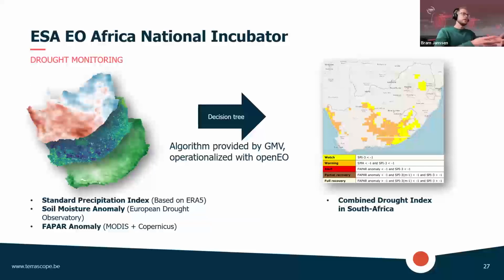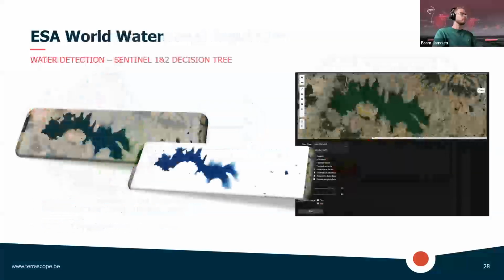In its simplified version, we took 3 different kinds of input data, combined them in a decision tree, all implemented within openEO, and we generated a combined drought index for South Africa. This is something that we have built together with GMV, where the whole process of the data collection, the decision tree, and then the generation of the drought index was implemented in openEO.